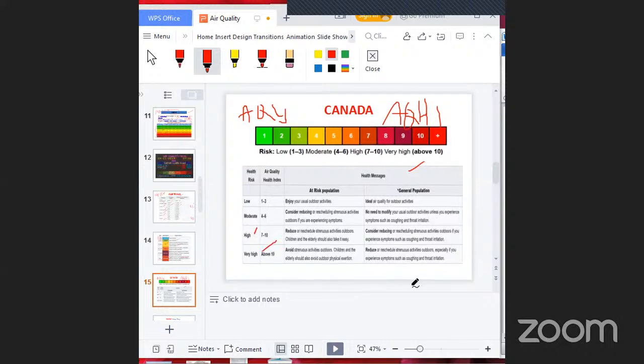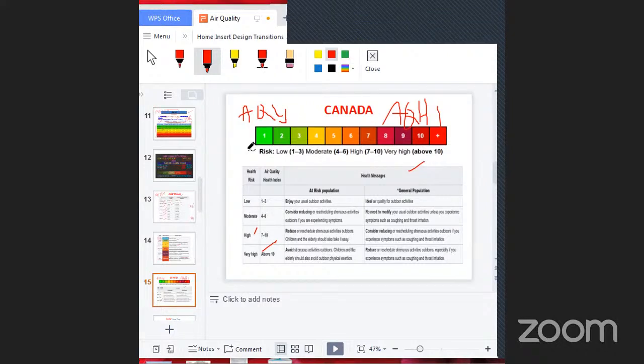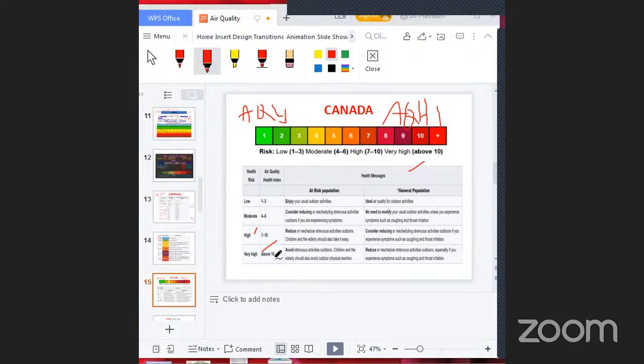The air quality health index provides a number from 1 to 10 plus, indicating the level of health risk associated with local air quality.